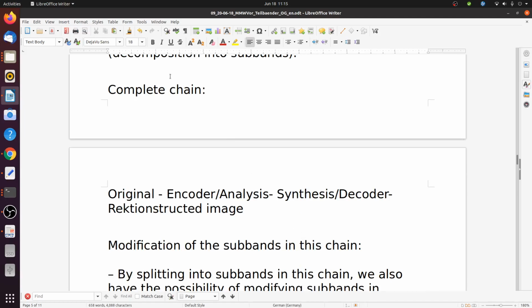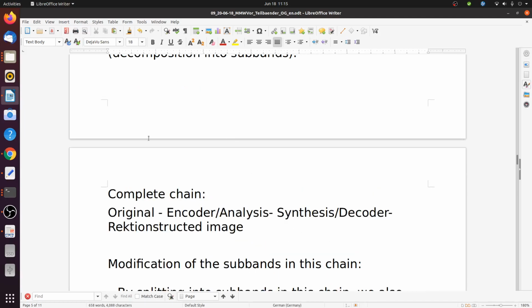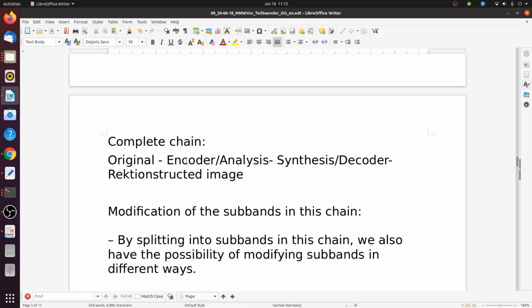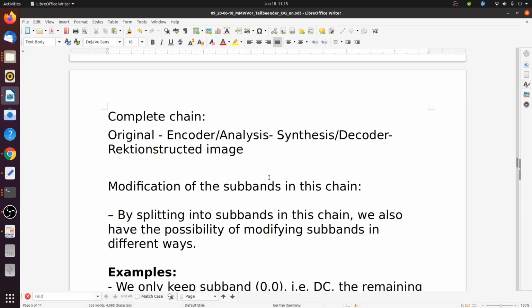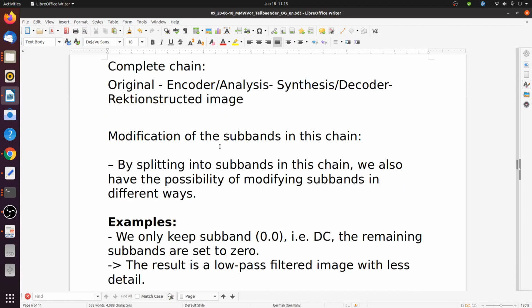So the complete chain would then be, we have the original going into the encoder or the analysis, and then we have the synthesis or the decoder, and then we have the reconstructed image. And now we can also do modifications of the subbands.